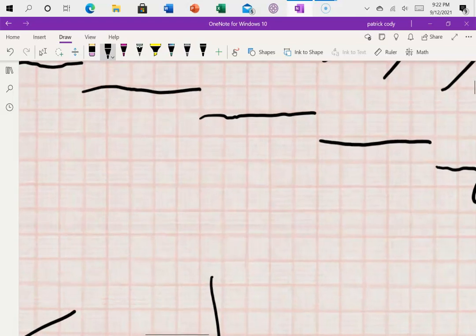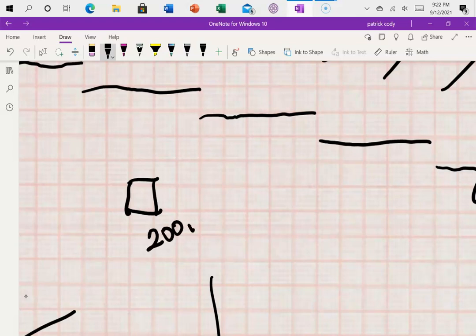Okay, it should also be noted then, within every big box, since we know the speed of the paper is 25 millimeters per second, we know that one big box is 200 milliseconds, because it takes 5 of them to make a second, right? So 5 times 200 is going to be our second.